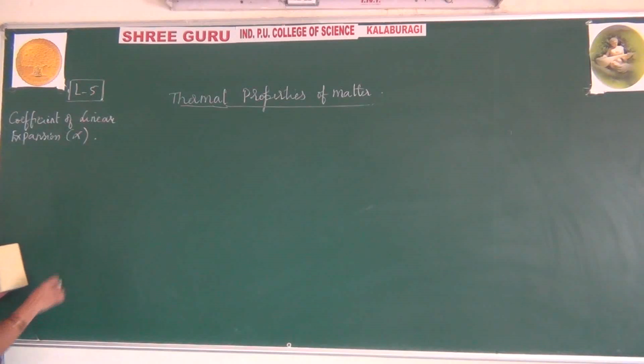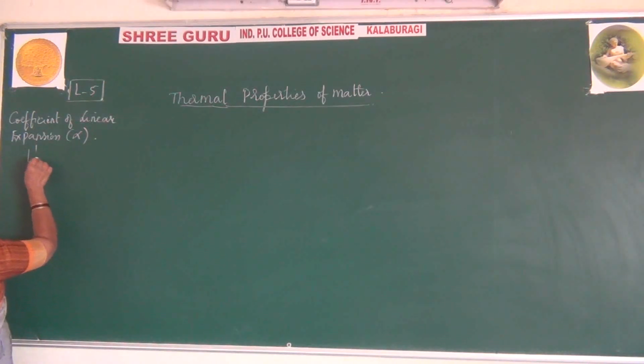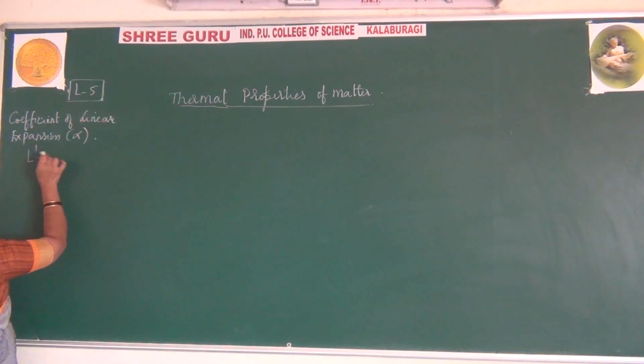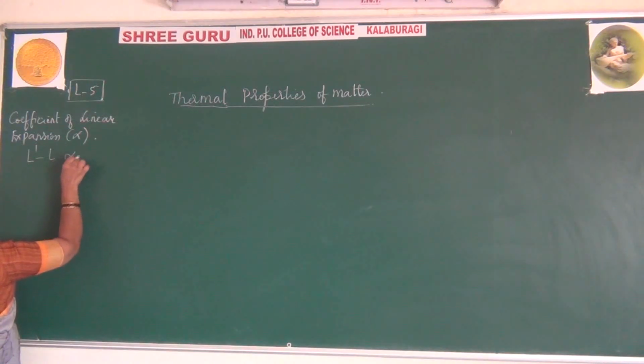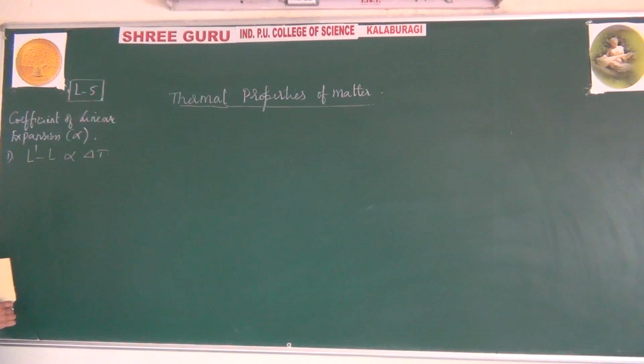For this I have written the change in length, nothing but the new length minus original length. New length is L dash and original is L. It is always directly proportional to the rise in temperature. This is one formula we have written.